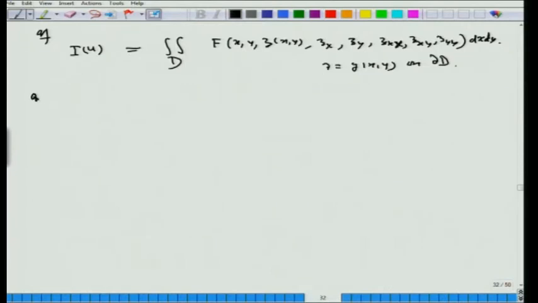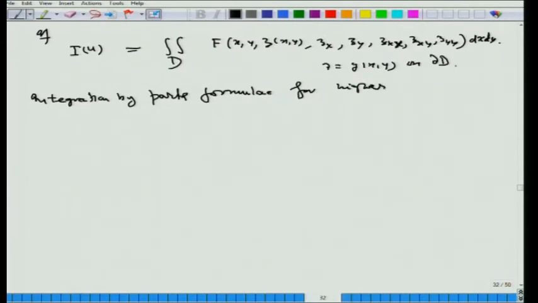So, integration by parts formulae for higher order derivatives.